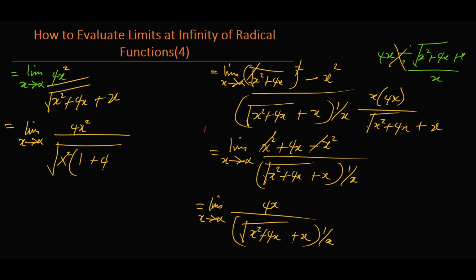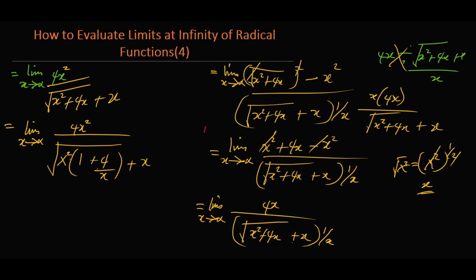But what we have is 4x, so we divide by x, so that balances up all the elements in the root. So plus x. And we know that the root x squared can be written as x squared to the power of 1 over 2. So that 2 cancels 2, we have x left.